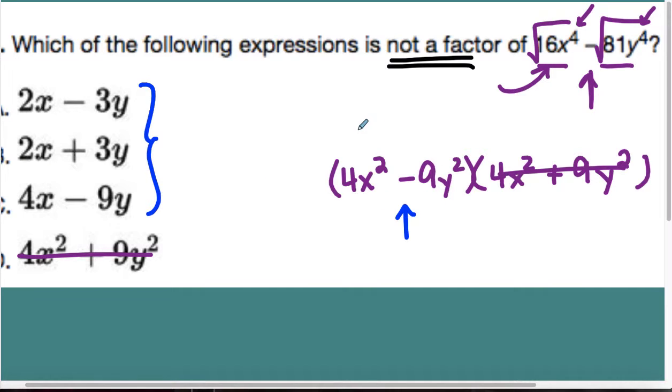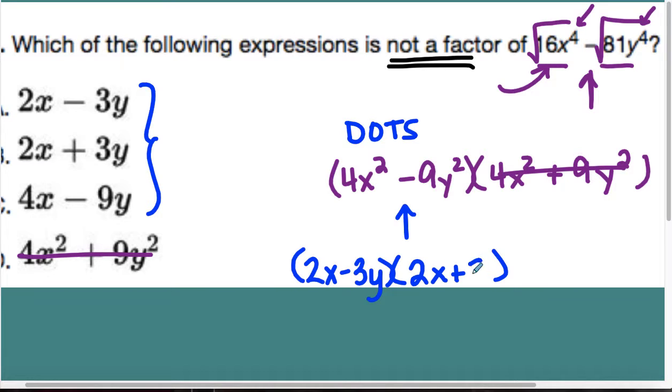So this is actually difference of squares again. So I have to factor it. So that's going to give me 2x minus 3y, 2x plus 3y. Okay, so look at that carefully. 2x minus 3y is a factor. 2x plus 3y is a factor. So 4x minus 9y is not a factor of the polynomial.